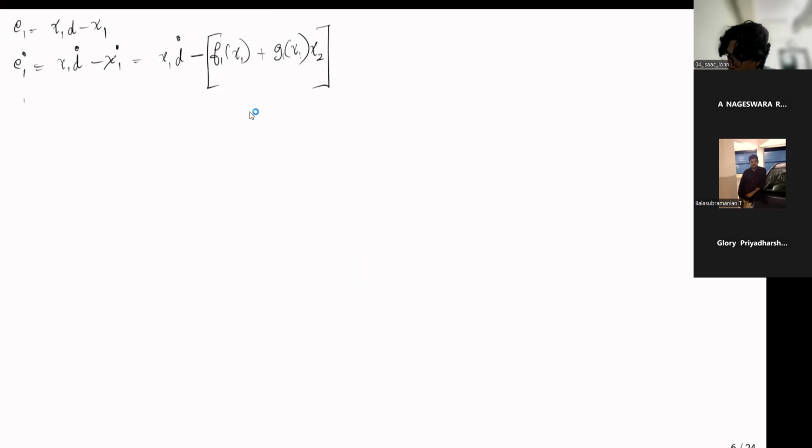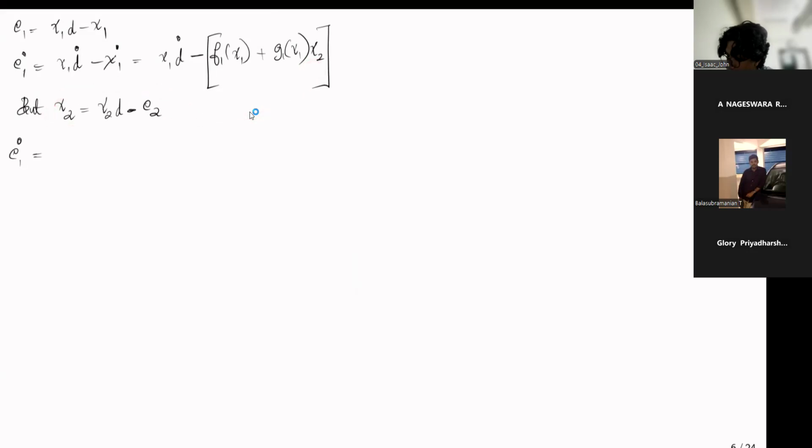But we also know x2 is nothing but E2 minus x2 desired. Sorry, I think it's the other way around. X2 desired minus E2. So if I substitute this equation for x2 here, let's see what we get.